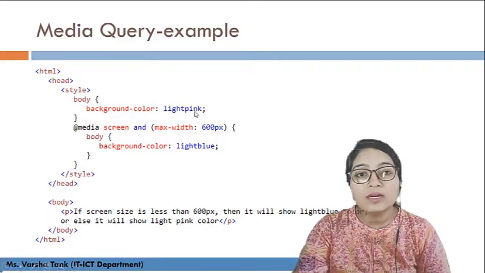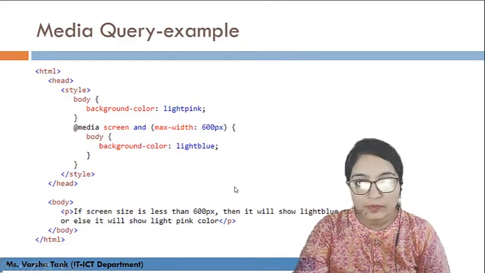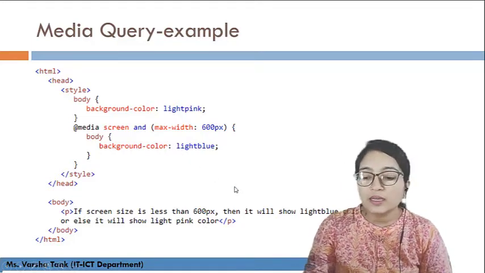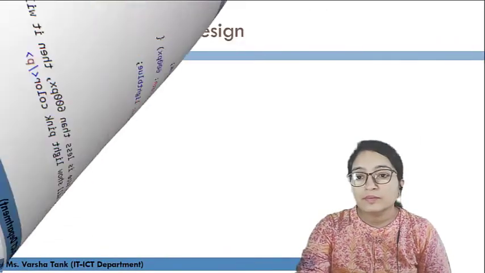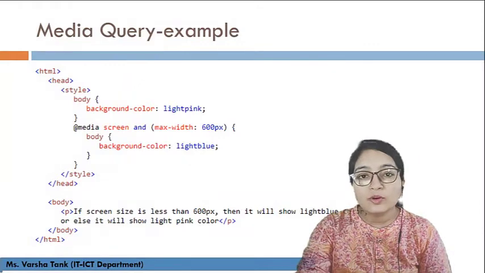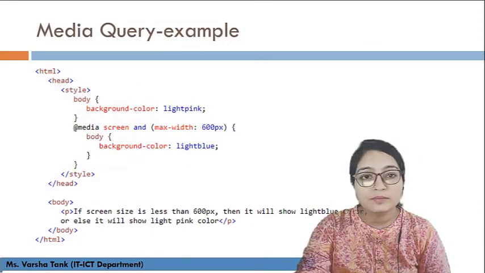So the background color is light pink, but when the size becomes less than 600 pixels, at that time it will show this light blue color. Okay, so let's see the output of this.